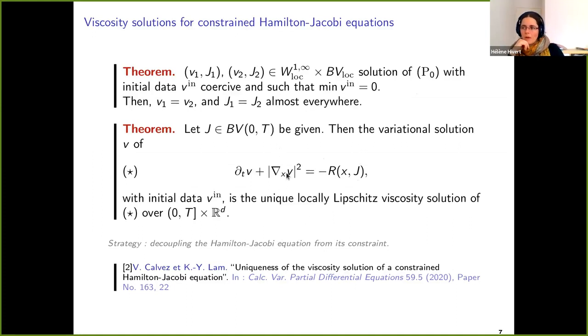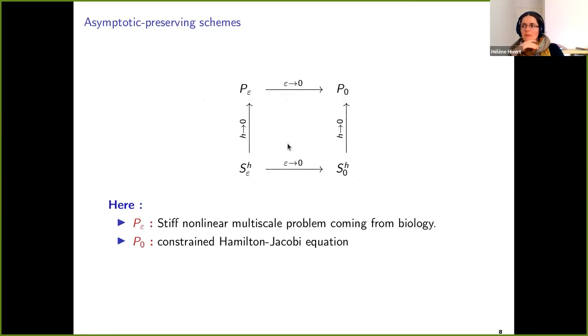Okay, well, and this is only for the theoretical aspects of the problem, but in fact I am interested in the design of asymptotic-preserving schemes. In fact, schemes for this problem P epsilon, which is the original equation for U epsilon. We saw that when epsilon goes to 0, the solution of P epsilon converges to the solution of the problem P naught.